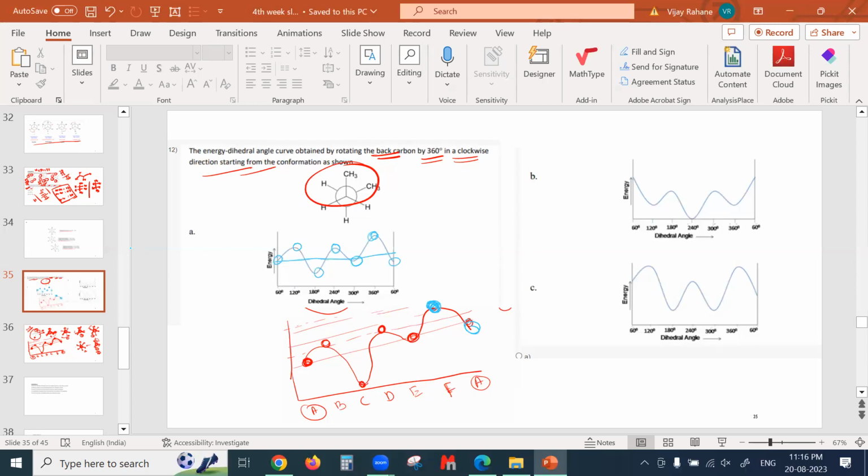These are the gauche, these are the partial eclipsed, and this is the fully eclipsed. You can see in our case it is perfectly matched. And the lowest one is the anti conformation. So option A is the correct option here.